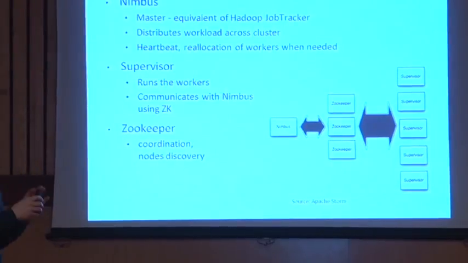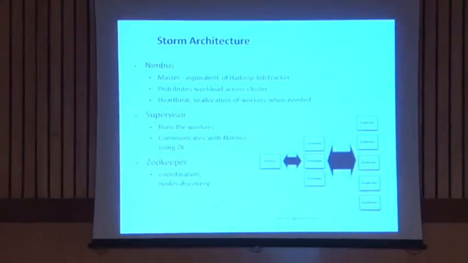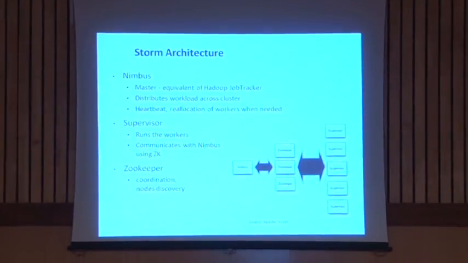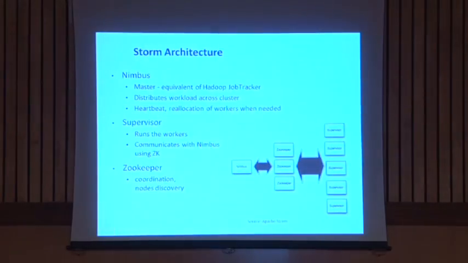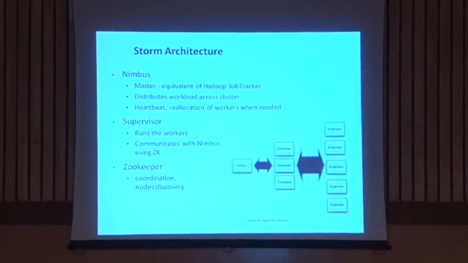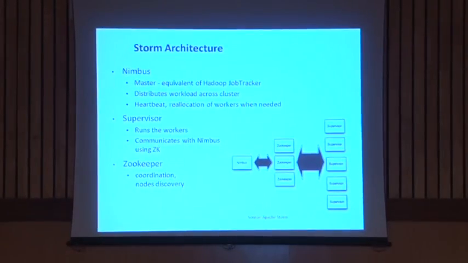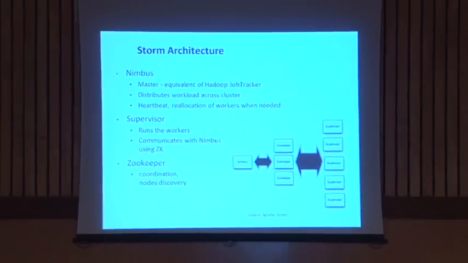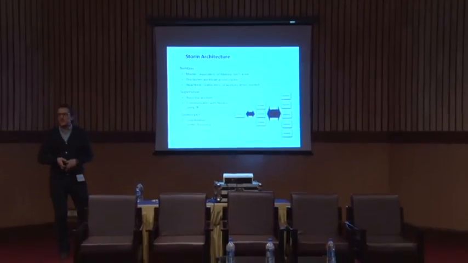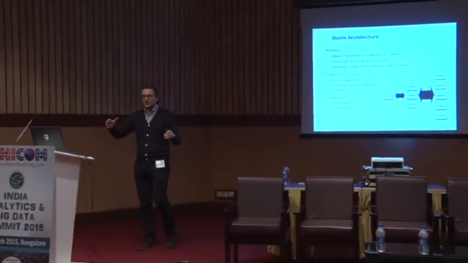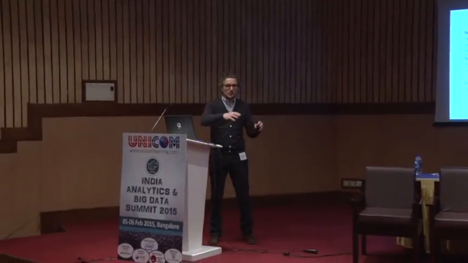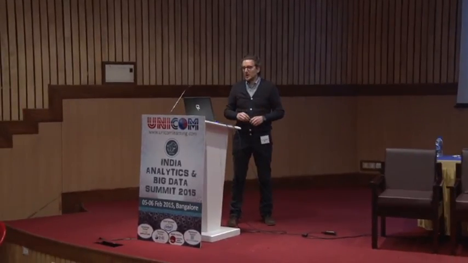The state of your cluster is managed by Zookeeper, which is software for coordination and state management in the cluster. When you create your new topology to analyze the stream of data, you send it to Nimbus, and Nimbus is going to distribute it across all the supervisors. And the supervisors are the ones actually executing the work.